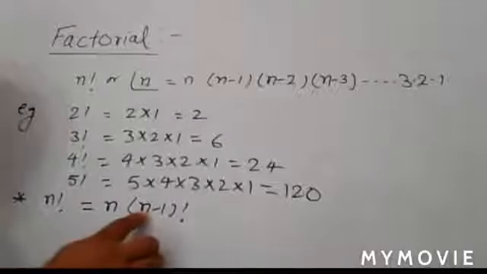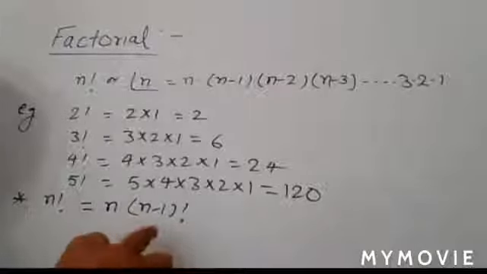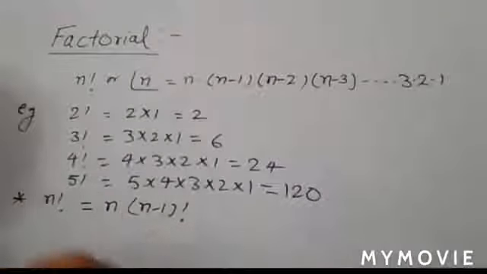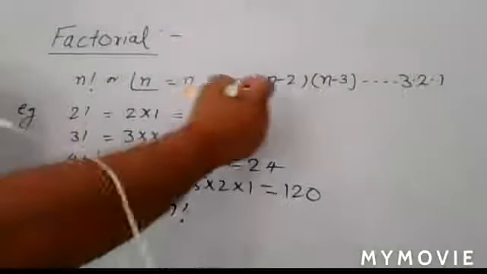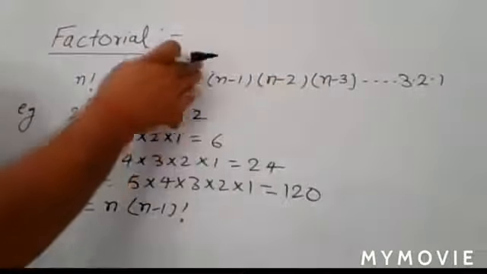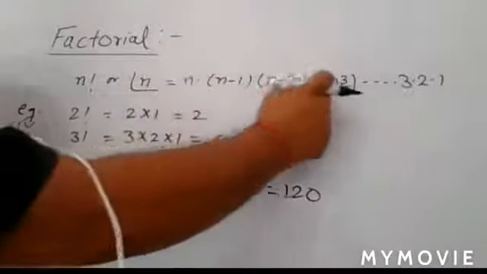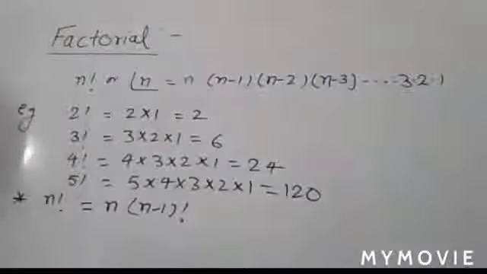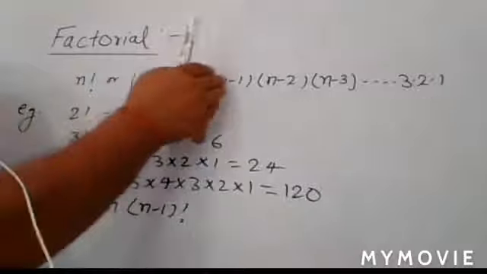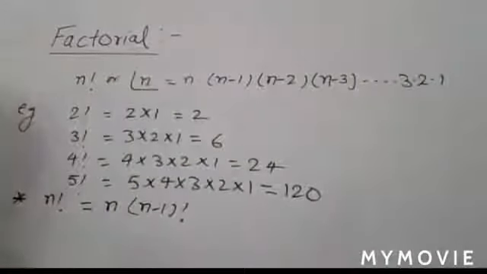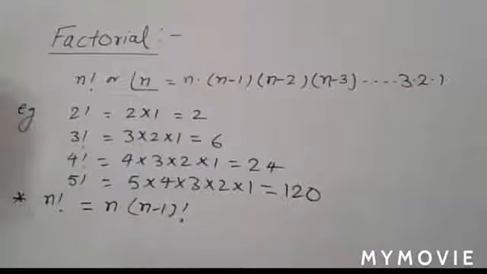Why? Because the value of n minus 1 factorial is the continued product of first n minus 1 natural numbers. So n factorial can also be written as n into n minus 1 factorial.